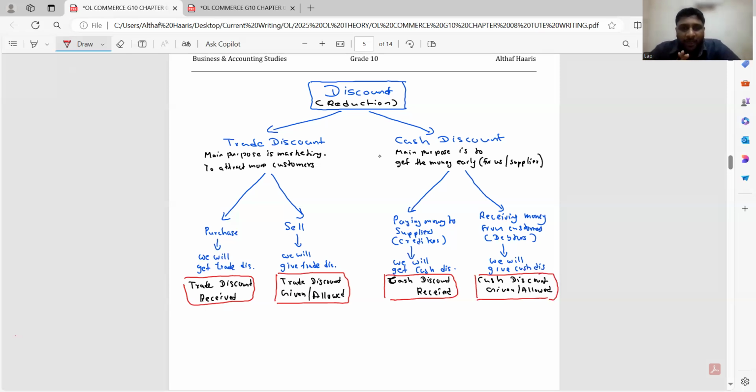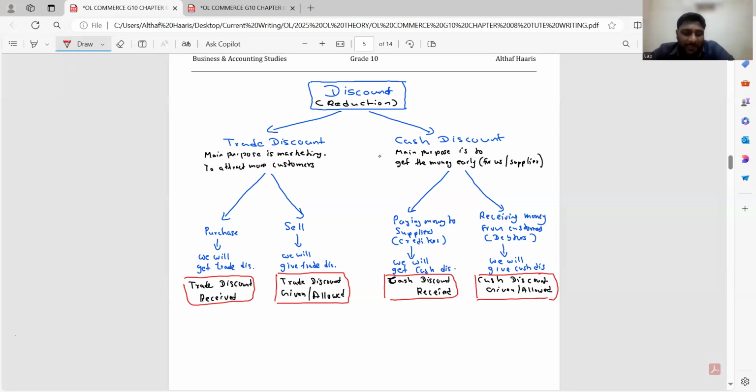I don't know how many of you have studied this part. Out of these 4 items, for the double entry system, for the accounting system, we are taking only 2 items. We are not taking 2 items.